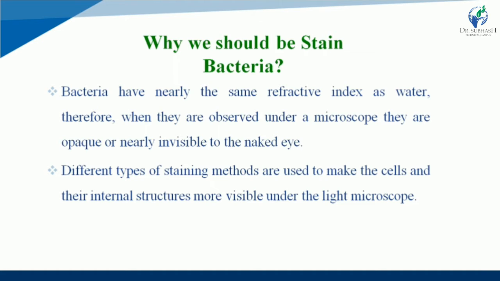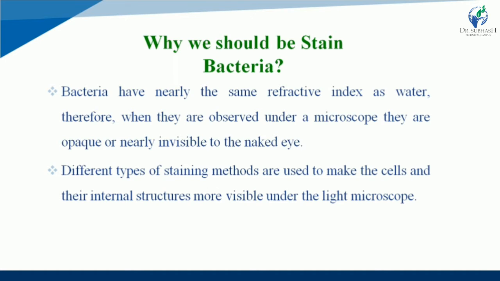That means bacteria have the same refractive index as water. Due to that reason, when bacteria are observed under a microscope, they are opaque or not visible with the naked eye.